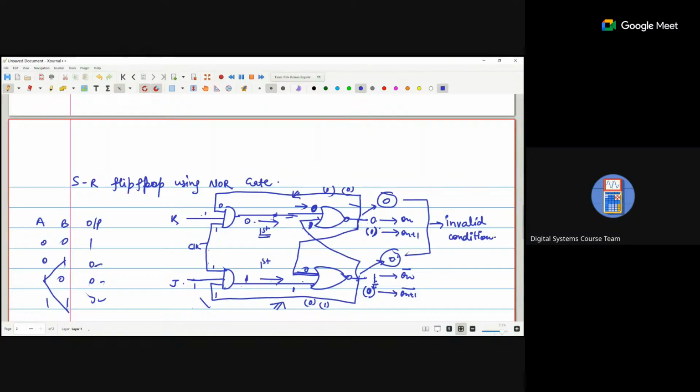That means the output is dependent on which input goes first inside the NOR gate.